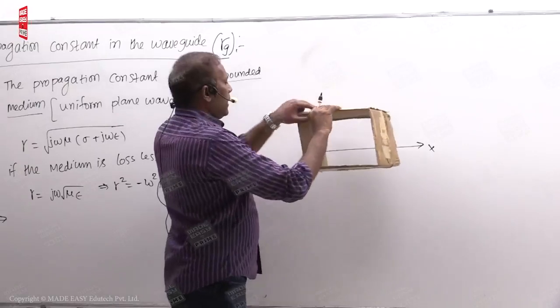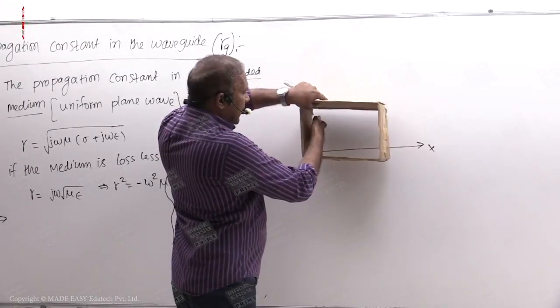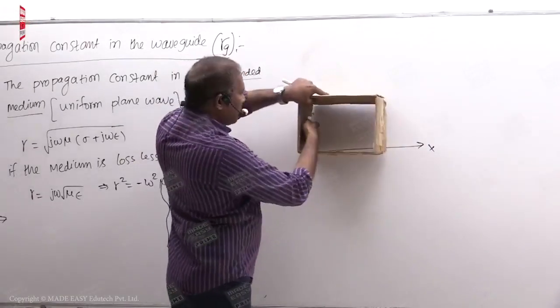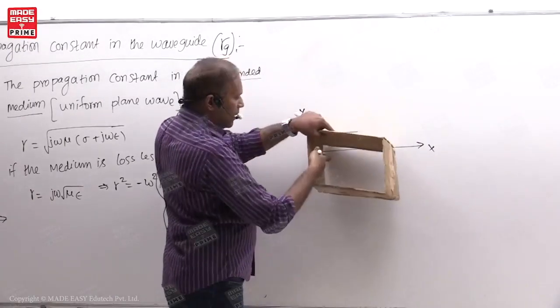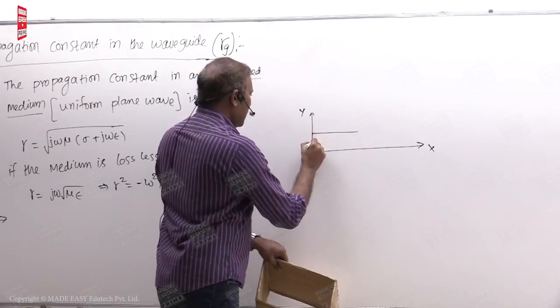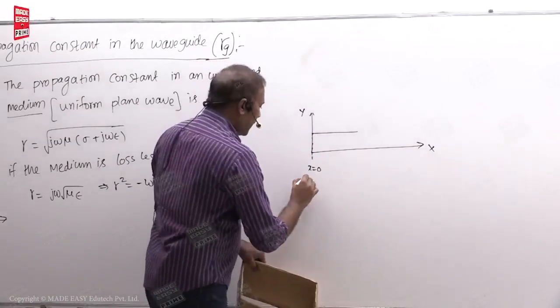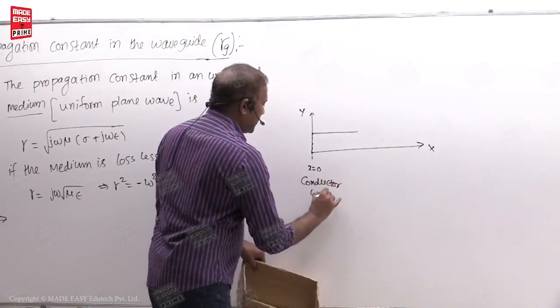Now, this is called what, students? X is equal to 0 wall, because for this the x value is 0. So x is equal to 0 is the conductor material wall. X is equal to 0, conductor wall this is.